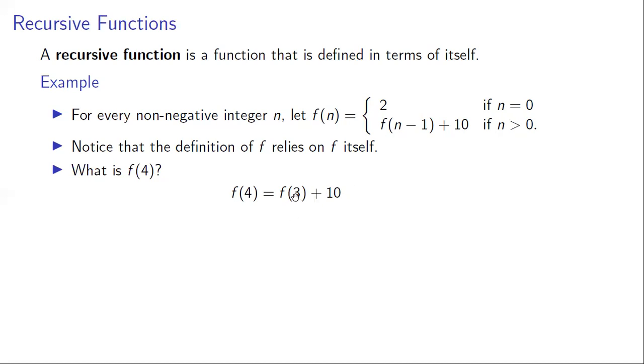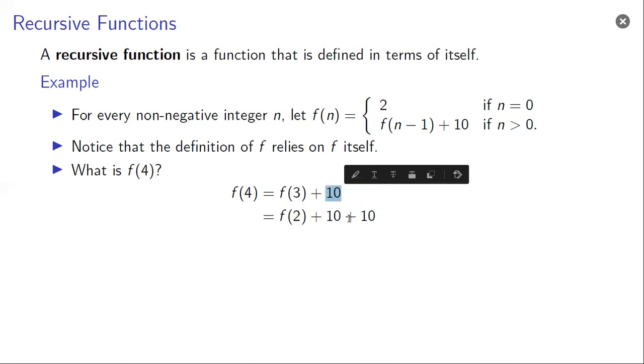So we have to figure that out. Now we're doing f of 3, so n is equal to 3. f of 3 would be f of 2 plus 10. Again, this is based on the definition of the function.